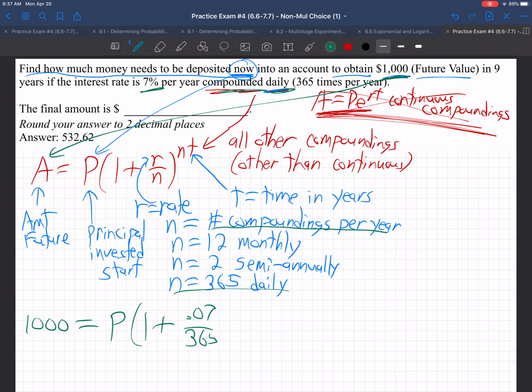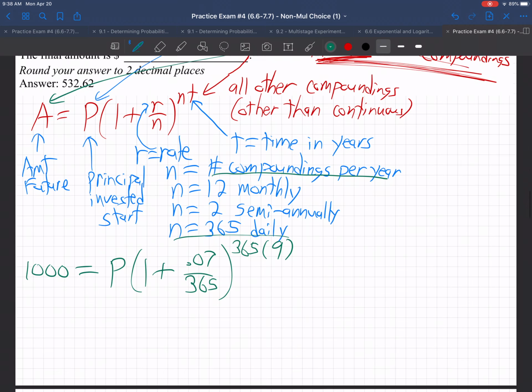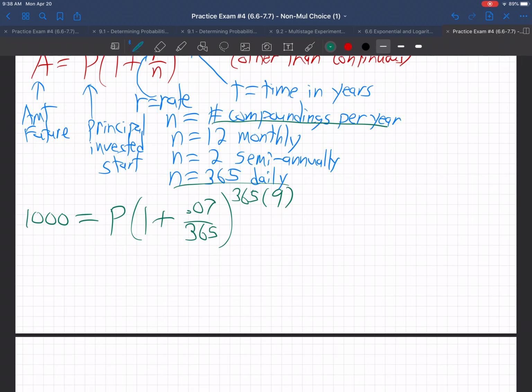So the N goes there, and then the N also goes up here, times the T, and the T, number of years, does it say? Oh, there it is, 9 years. So there's our formula. We're trying to solve that for P.